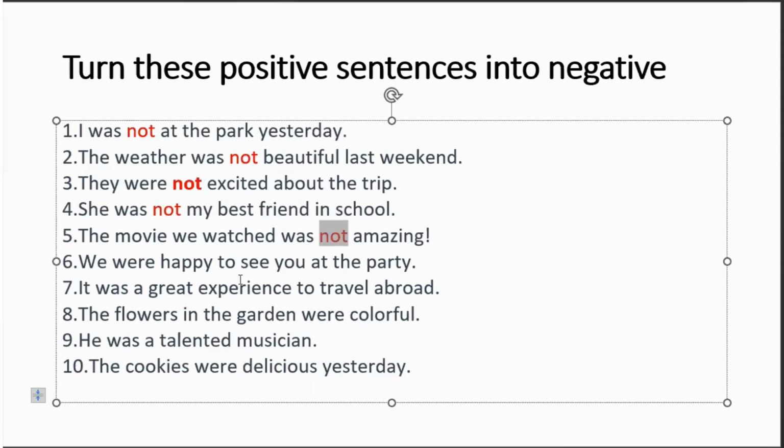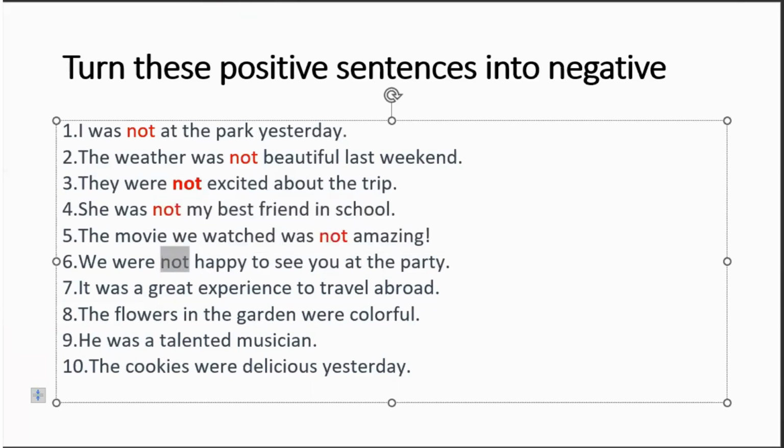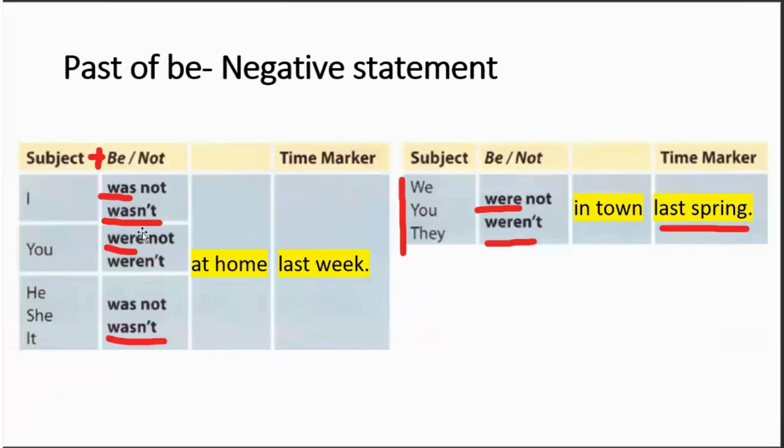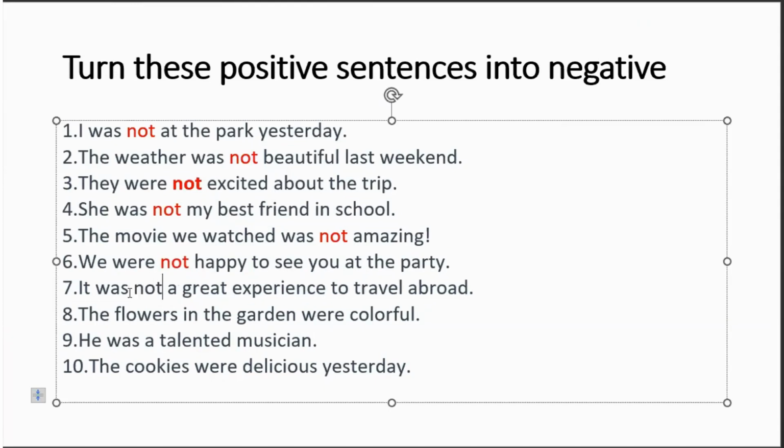Then we weren't happy. And how do we write it? We were not happy in formal writing, but in informal writing, we can write we weren't happy. So like this: W-E-R-E-N, apostrophe, and then T. Then it was not a great experience to travel abroad.